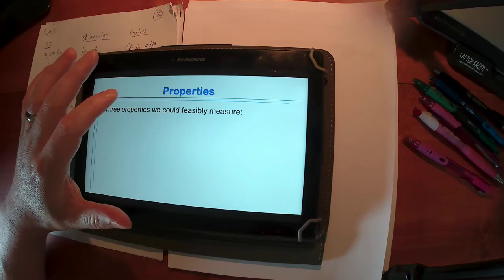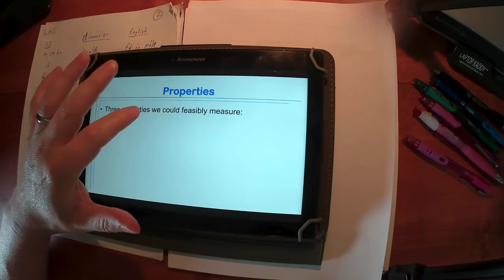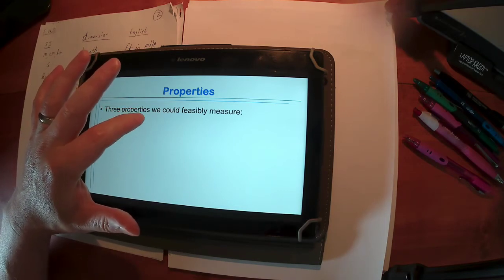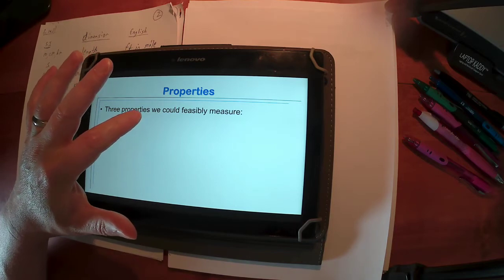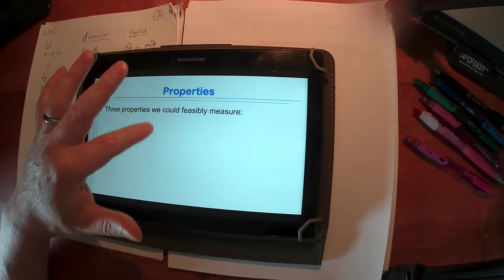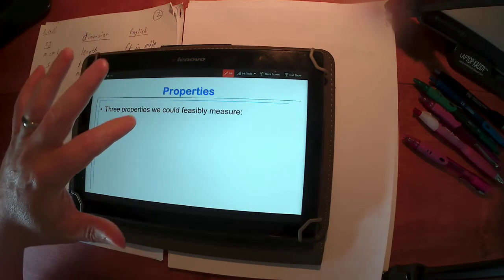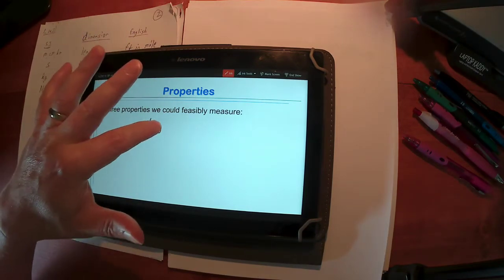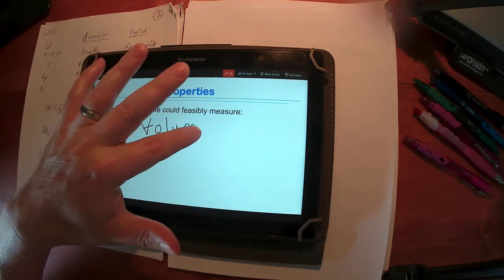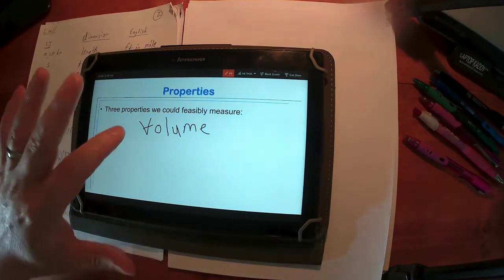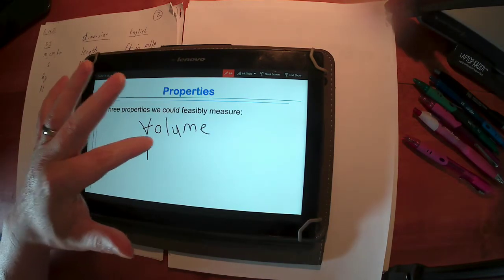Okay? Now, so three properties we could feasibly measure, and these are what we're going to focus on today. This is going to be the focus of Chapter 1. Volume, we've just mentioned. Give me some ink, thank you. We've just mentioned volume. All right, so volume, number one. Temperature.